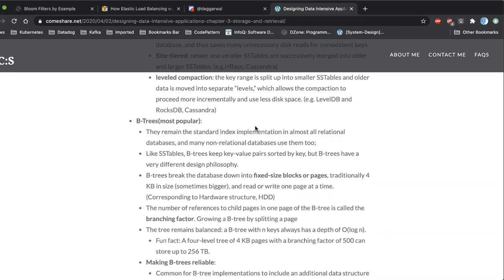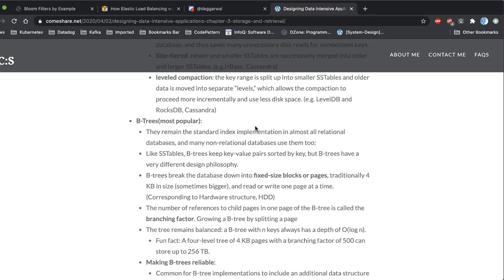So basically, instead of merging by size, similar-sized SSTable files, in levels every level has a specific size. There are L0, L1, L2, L3, and there's a multiplication factor.